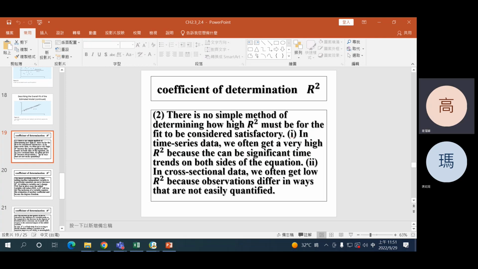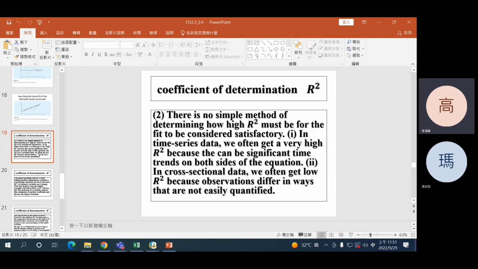In education or psychology, if you have something like 30 or 40%, it's very high. So that really depends on which area the research is in.